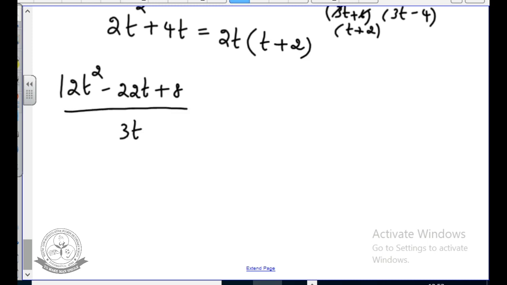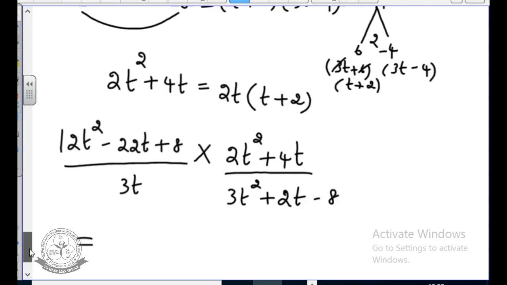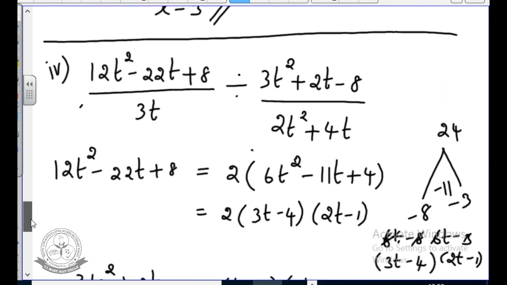Instead of dividing, we should multiply by the reciprocal of the second expression. So 2t squared plus 4t divided by 3t squared plus 2t minus 8 is equal to the first one. We already split that one. You just check that one.